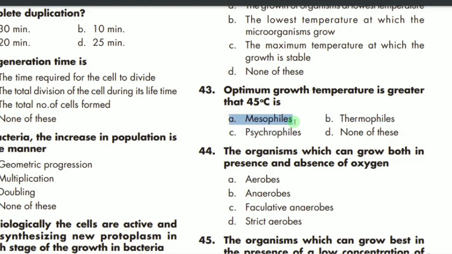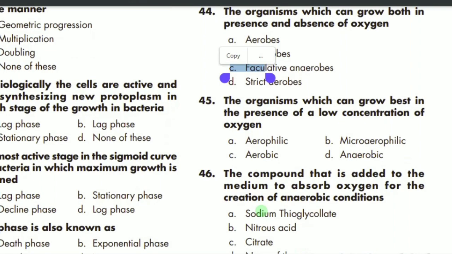The organism which can grow both in the presence and absence of oxygen, we call it facultative anaerobes. C is the correct option. The 45th MCQ says that the organism which can grow best in the presence of a low concentration of oxygen, we call that microaerophilic. B is the correct option.